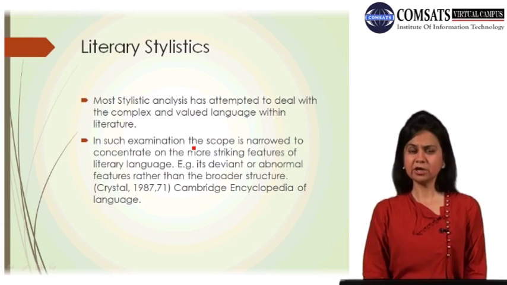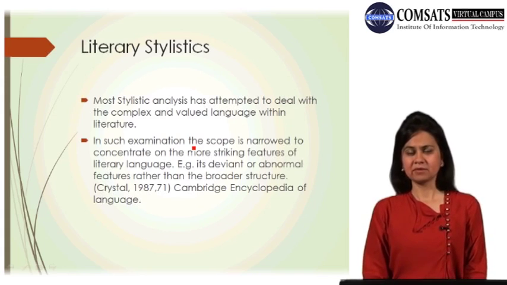According to Crystal, who states in the Cambridge Encyclopedia of Language, literary stylistics examines language with a scope that is narrowed down to concentrate on the more appealing and striking features of language.